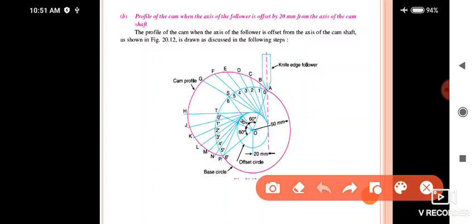Don't forget and don't get confused, this one is important. 20 mm offset is given. After that the remaining procedure is the same, marking some degrees and dividing into 6 equal parts, similar to the previous one. Then draw this cam profile.